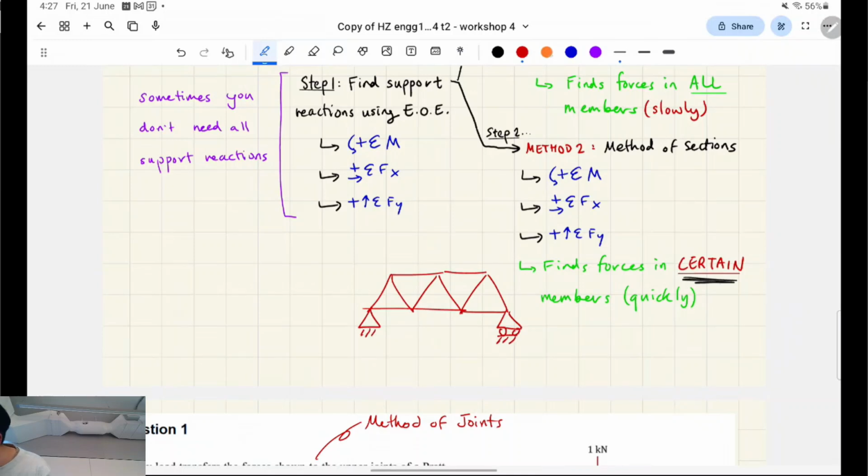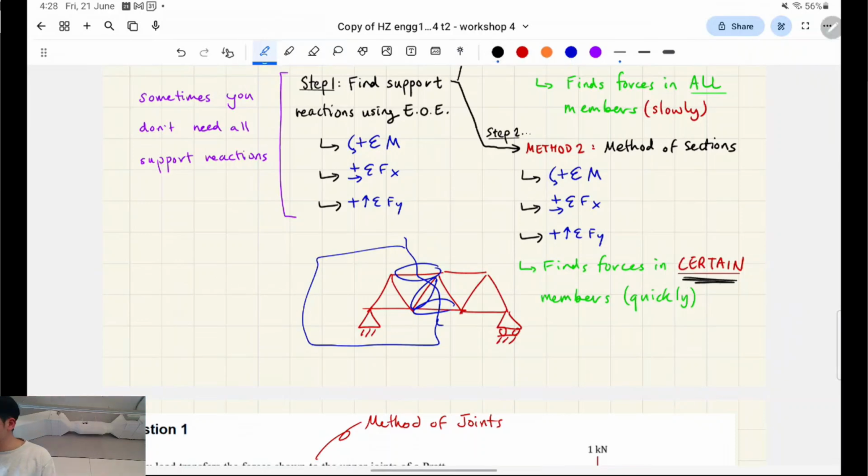So we have a bigger truss like this, and we're only interested in this member and this member. What we can do is take a cut across that area and only analyze the free body diagram to the left. This exposes the internal forces inside those truss members we cut across, and we can disregard everything else other than what we can see. That's what the method of sections involves.